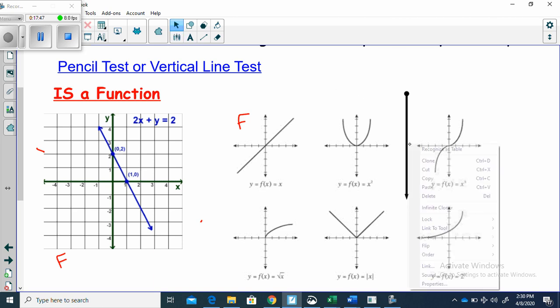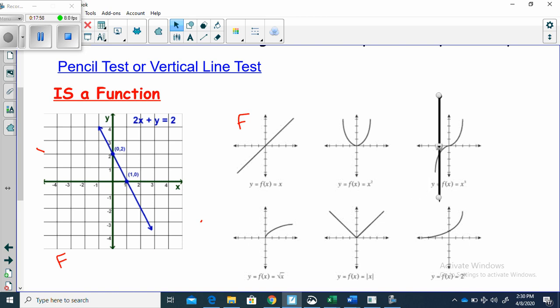What if I take my line and I run across it here? There's only one place I touch each one of those lines. How about this one? There's only 1 point where I intersect the line all the way around.